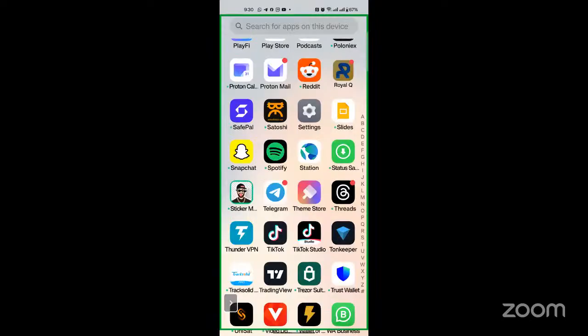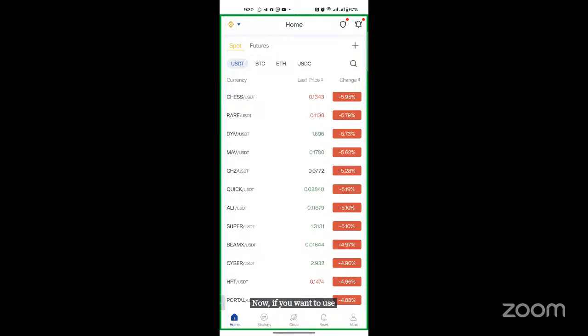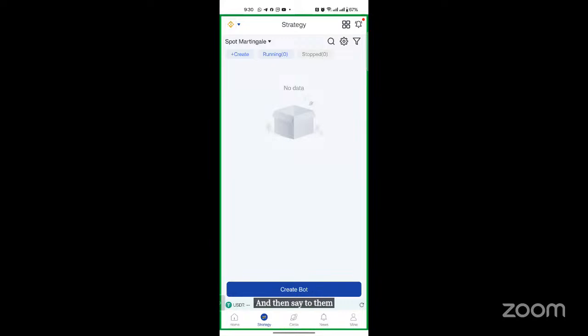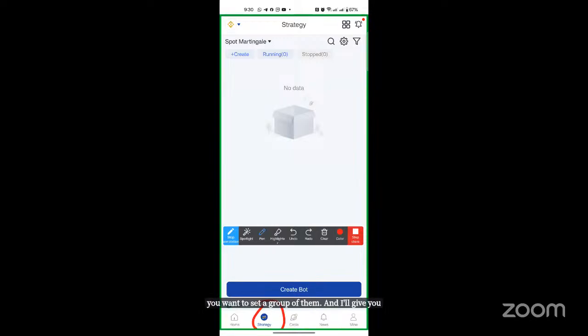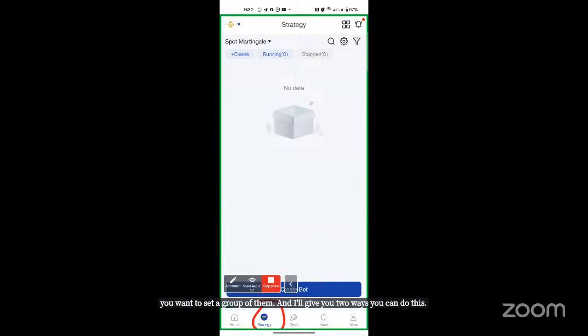If you want to use the RSI in the automatic way, meaning you want the RSI to go in the market, look at a particular number of coins, and then set them for you, you basically tap on strategy. So instead of setting one coin, you want to set a group of them. I'll give you two ways you can do this. You tap on strategy here.